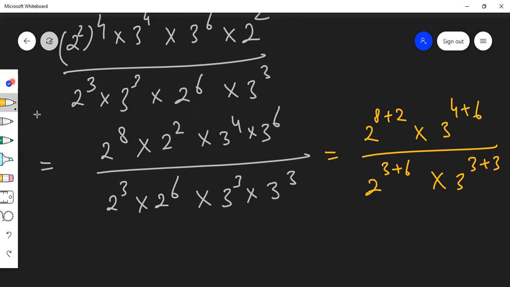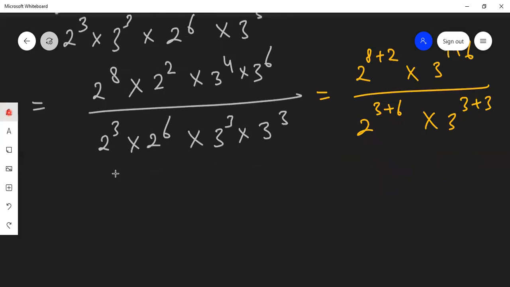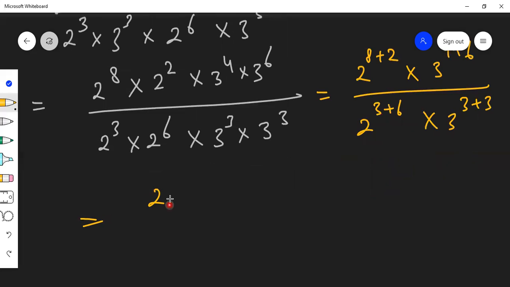All right, what do we get next? It's equal to 2 to power 10 into 3 to power 10. 6 and 4 is 10. The denominator has 2 to power 9, and this is 3 to power 3 plus 3, which is 6.